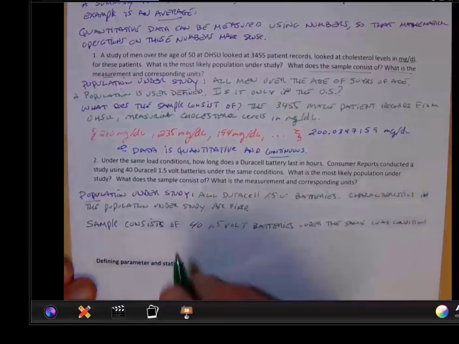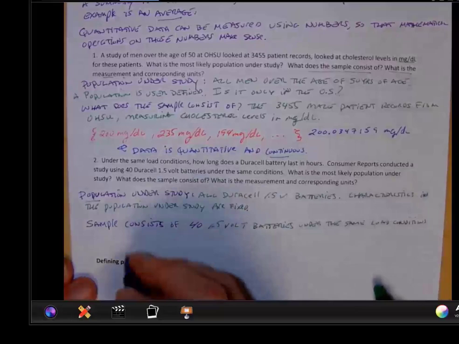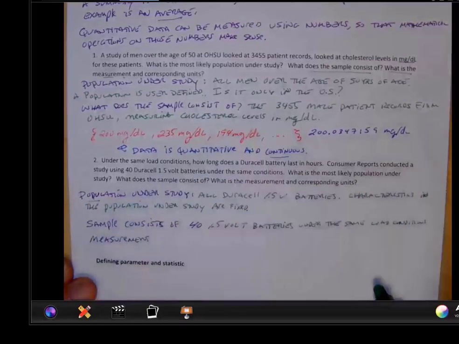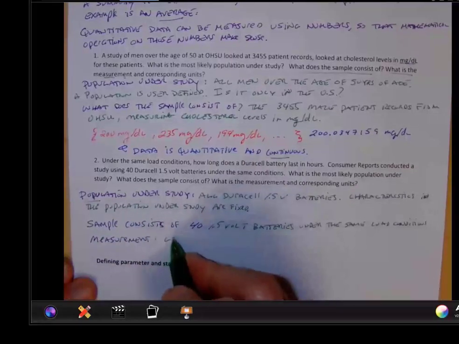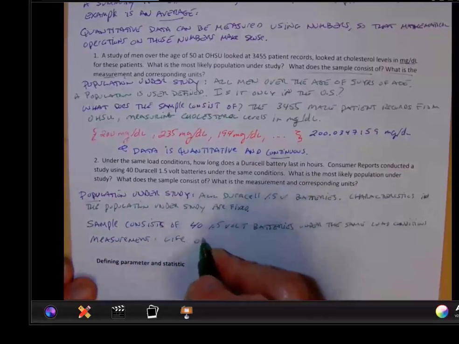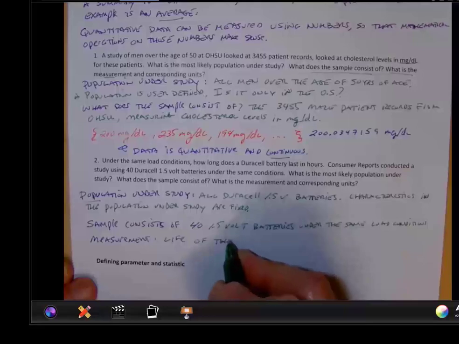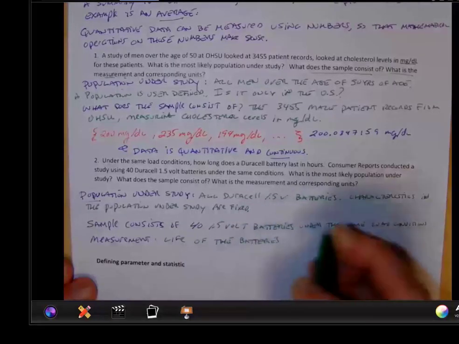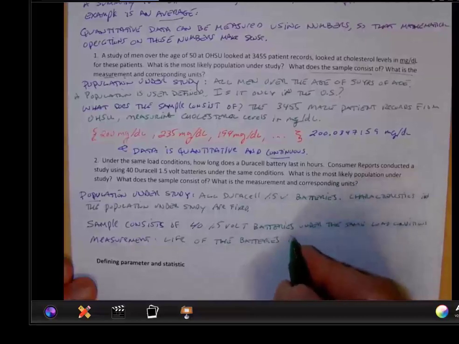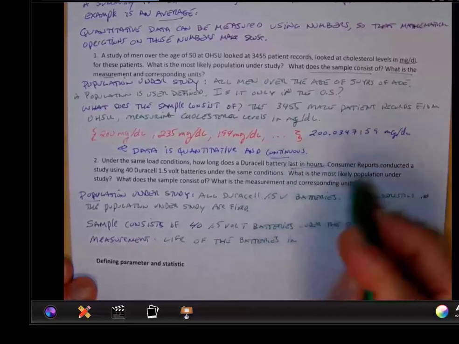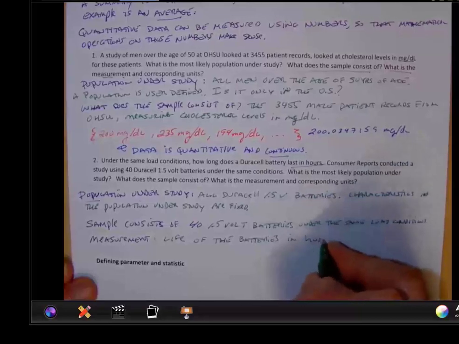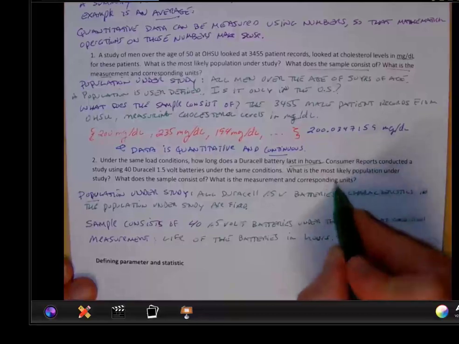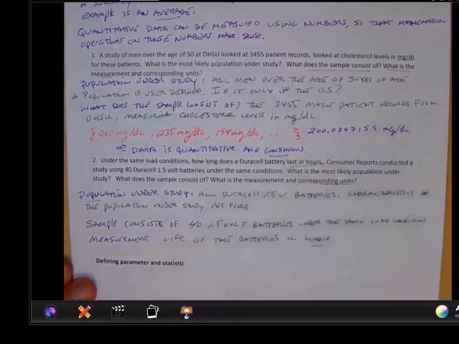And what is the measurement? The life of the battery, lasting in hours. And again, the corresponding unit is hours.